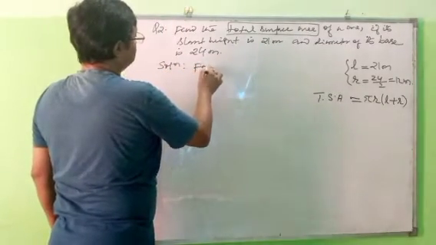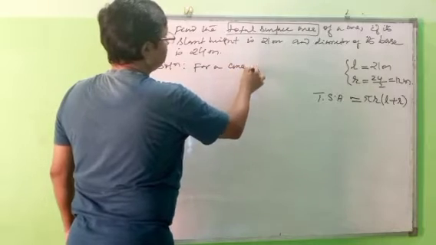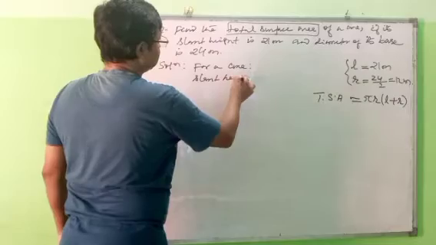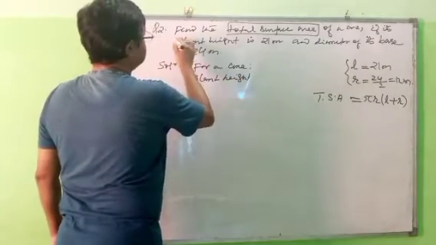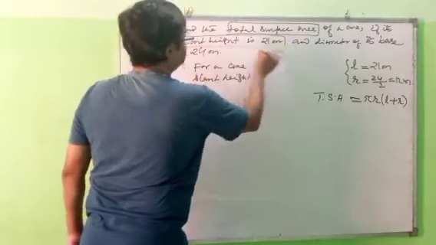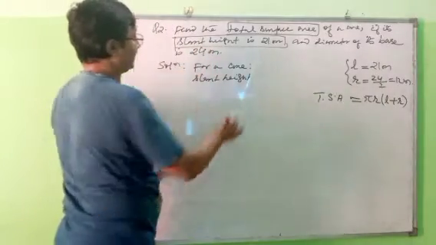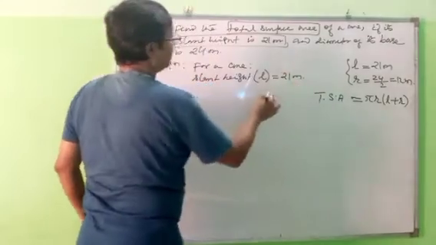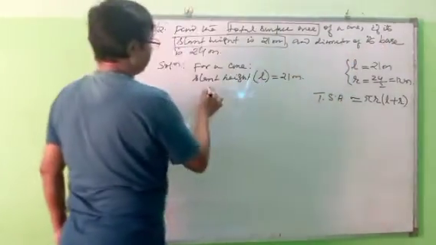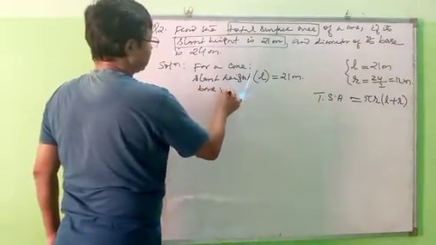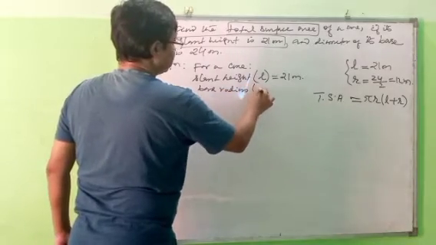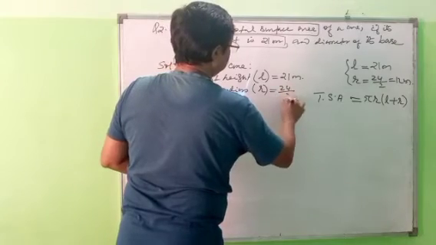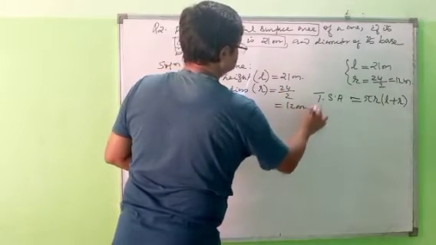For a cone, the slant height is given as 21 meter, so L equals 21 meter, and the diameter of its base is given, so the base radius r will be half of the diameter. 24 by 2, you will get 12 meter.